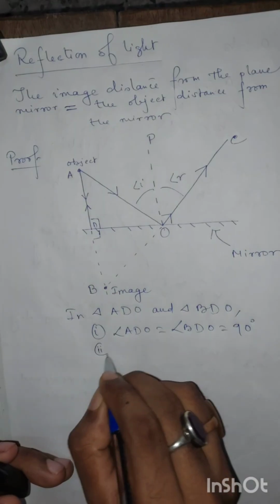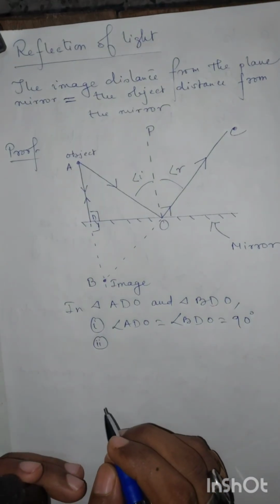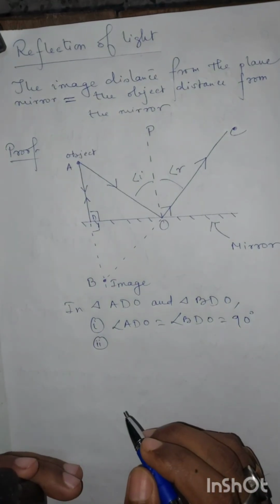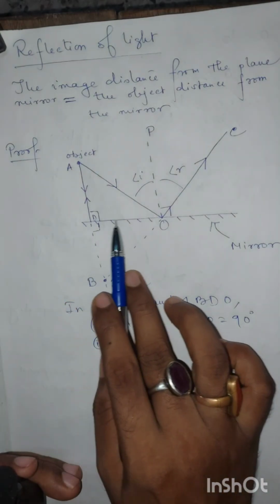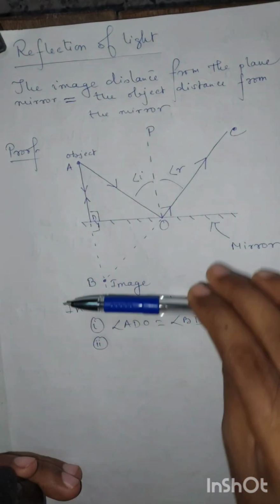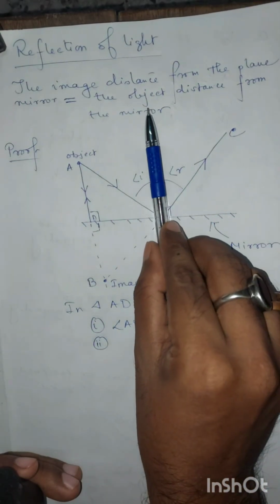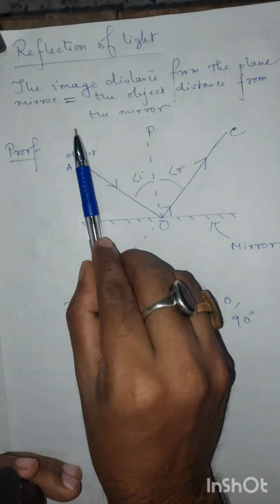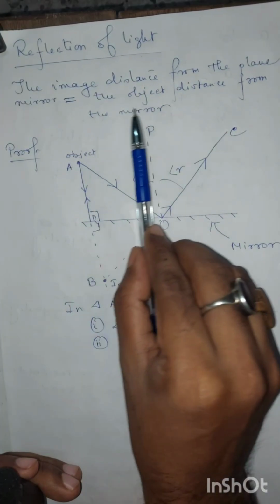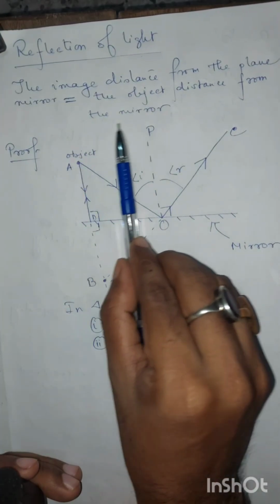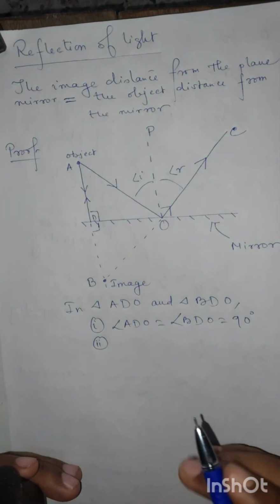Number 2, this is the mirror and these are two perpendiculars on the plane of the mirror. So these two perpendiculars must be parallel.